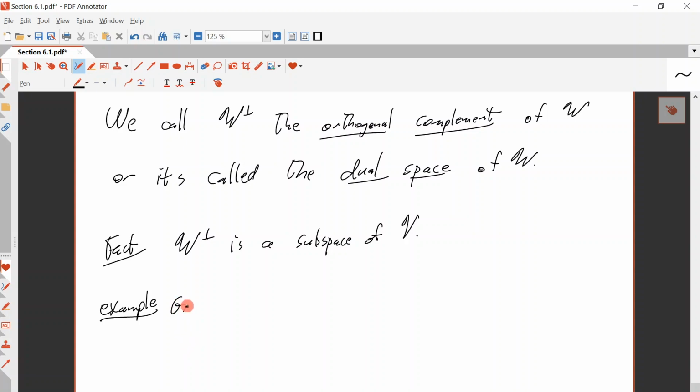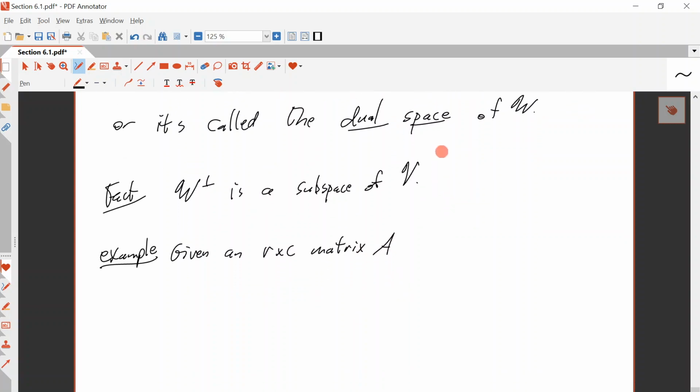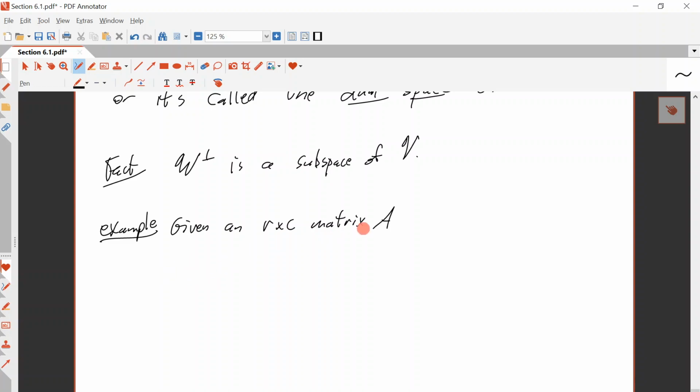Given an R by C matrix A, the row space and null space of A are subspaces of R to the C, the number of columns.